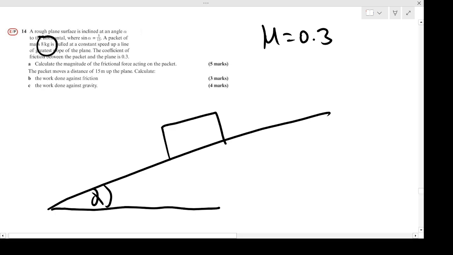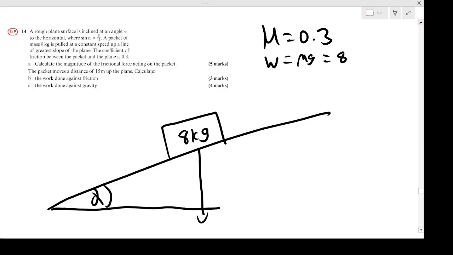The mass is 8. And so my forces, well, firstly, again, I've got my weight. My weight is going to be mass times g. So that's going to be 8 times 9.8, and so that will be 78.4.